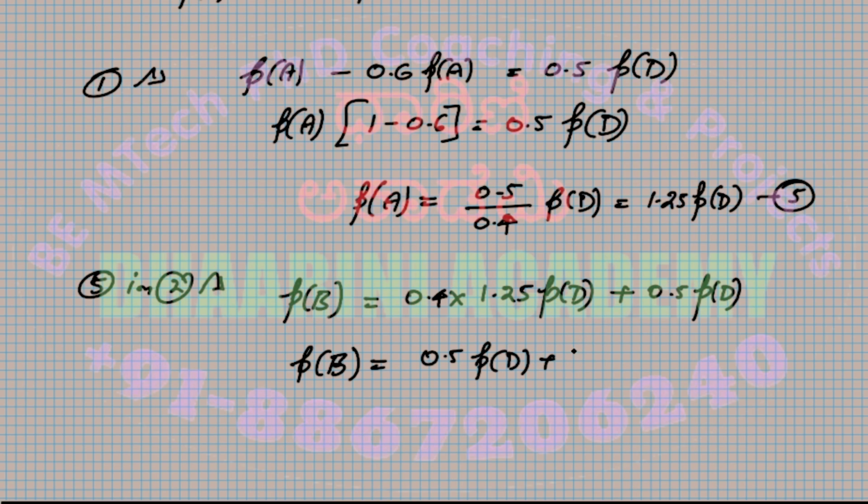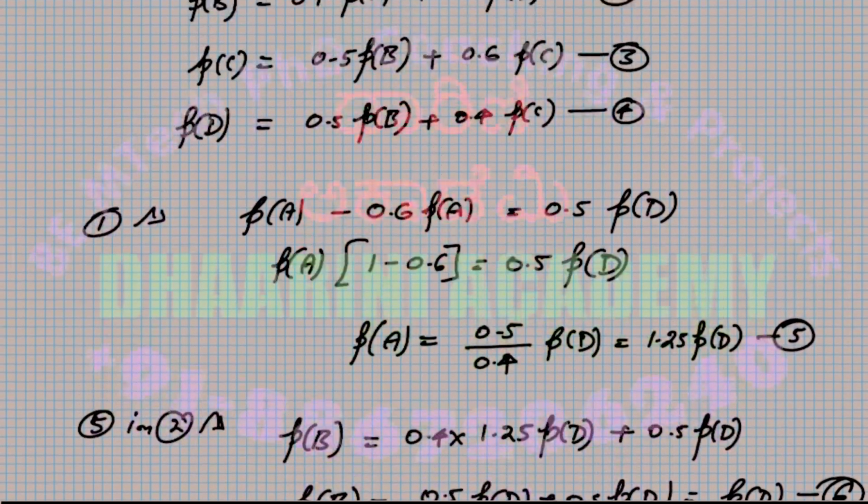So that means they are equal. That is equal to P of D. So P of B and P of D are equal. So that is equation number 6. All right, so we will see what else we can do.